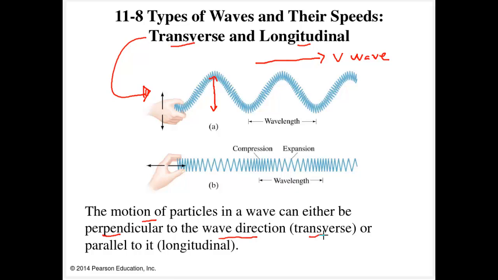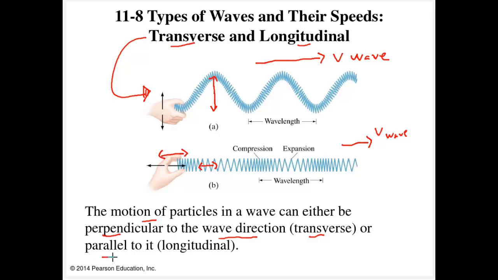It's a transverse wave. Another way I could transmit energy along the spring is to keep it level and simply wiggle it back and forth like that, again with simple harmonic motion. In this case, the wave is still going to travel in that direction, although the particles are going to be moving back and forth.